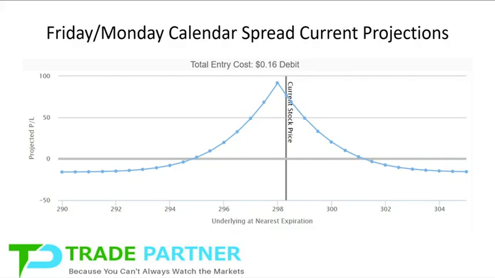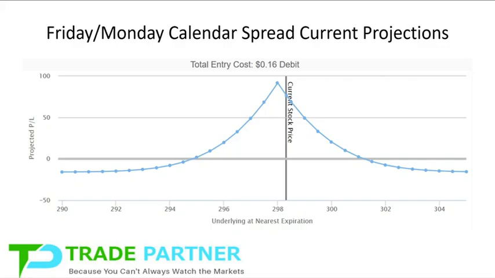That gap is very small. By creating a Friday, Monday calendar spread, and this is a 298, I'm selling a Friday 298 call and buying a Monday 298 call, and I can do that for a debit of 16 cents.